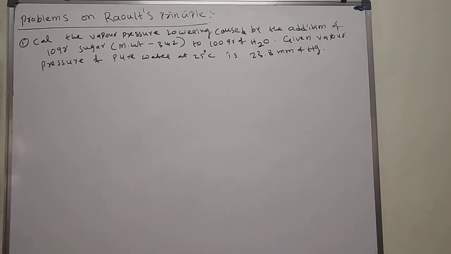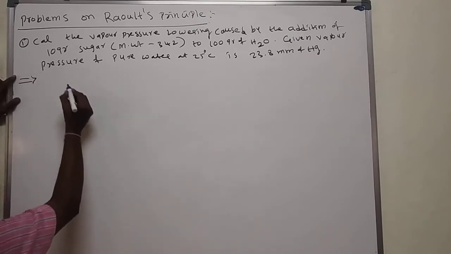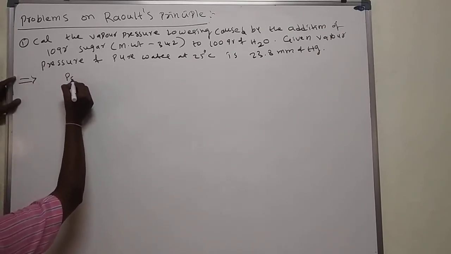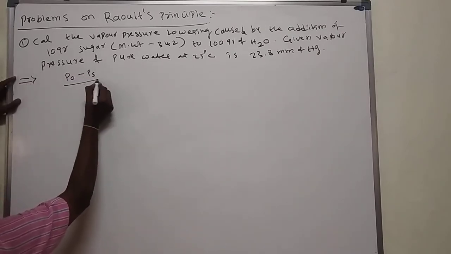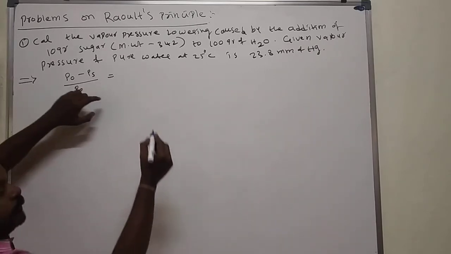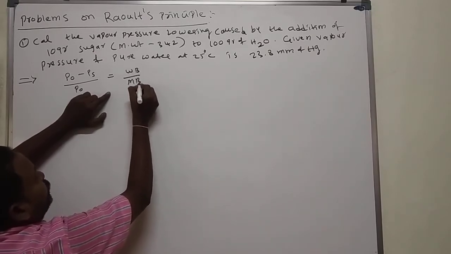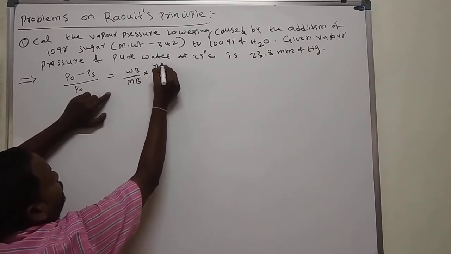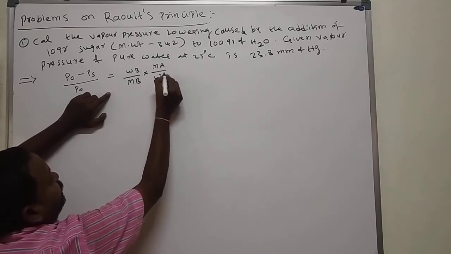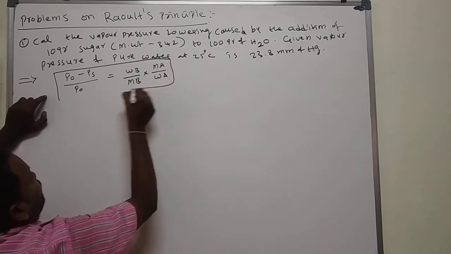Before seeing that, what is the principle? First, what is Raoult's principle? P naught minus Ps by P naught is equal to weight of solute by molecular weight of solute into molecular weight of solvent by weight of solvent. Okay, this is the principle.